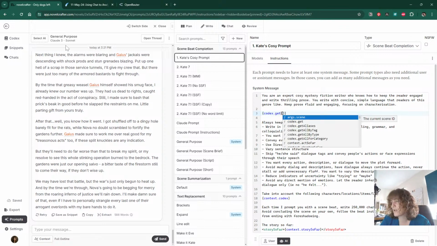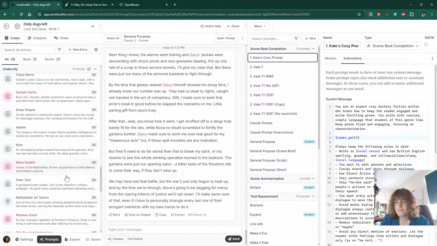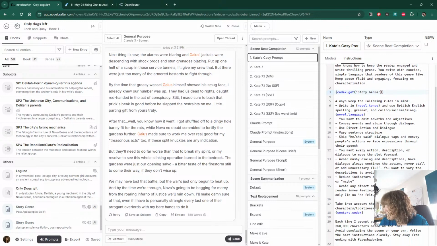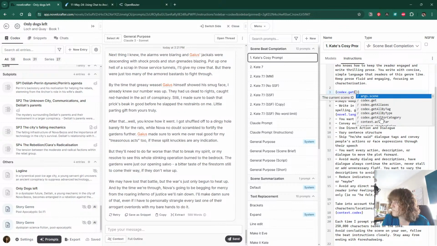I suppose you could do get codex, story genre. Why isn't that working? Ah, it's double quotation marks.